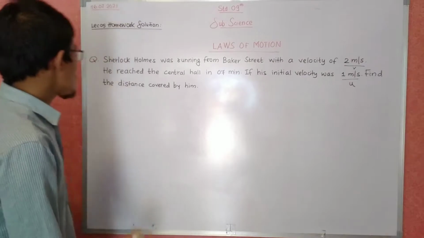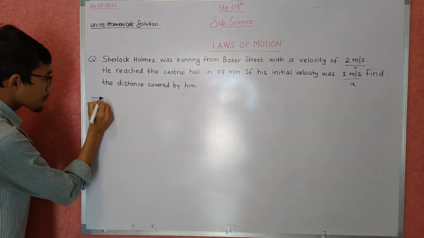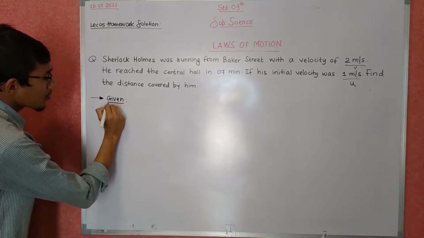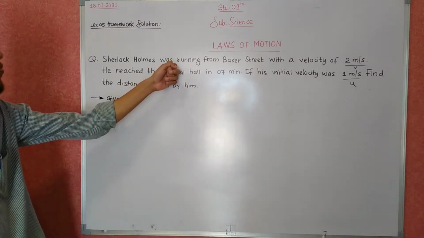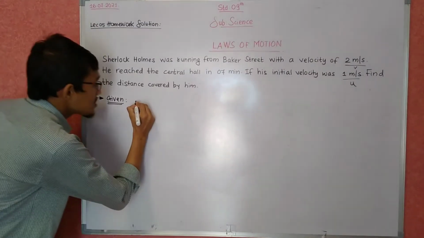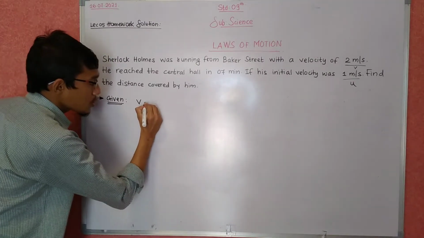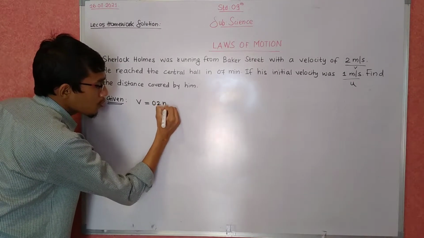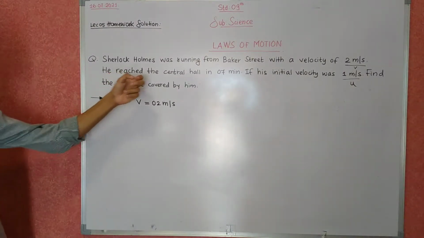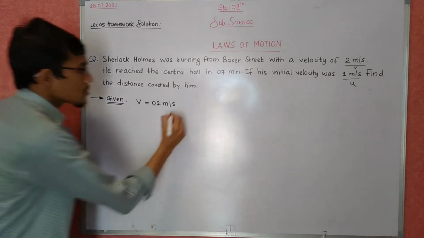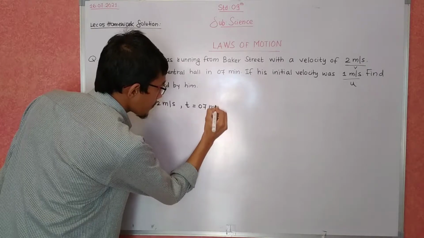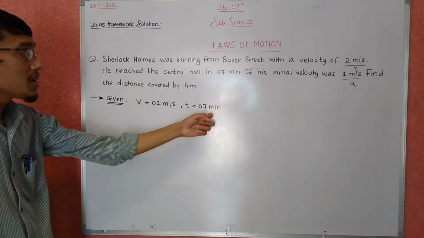First we will write the given. Sherlock Holmes was running with a velocity of 2 meter per second, so our final velocity, small v, is equal to 2 meter per second. He reached the central hall in 7 minutes, so time is 7 minutes, which is in minutes.